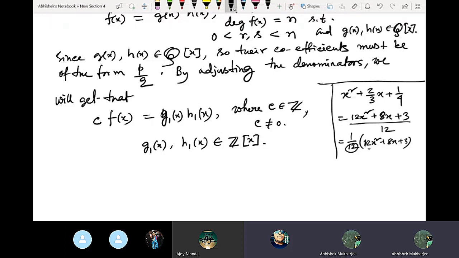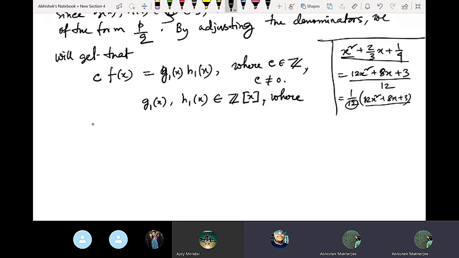And check that the degree of this polynomial is 2, and also the degree of this polynomial is also 2. That is, the degrees will be same, where the degree of g1x is r, degree of h1x is s.